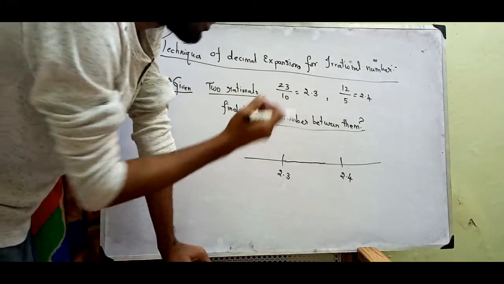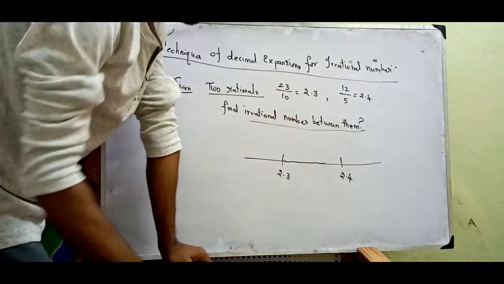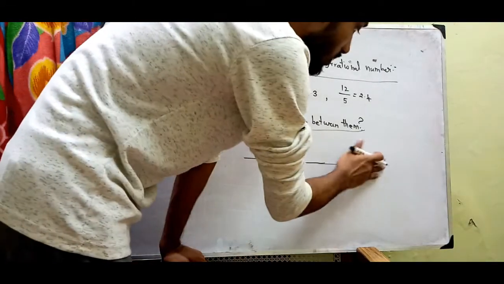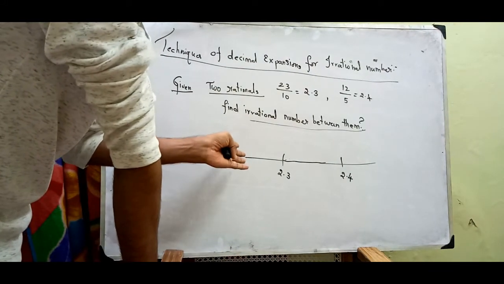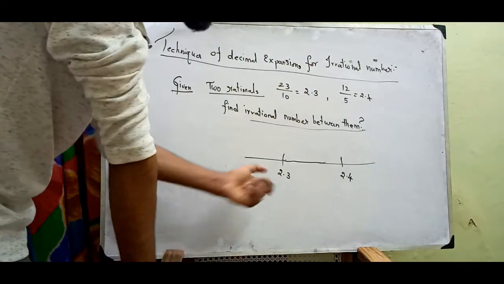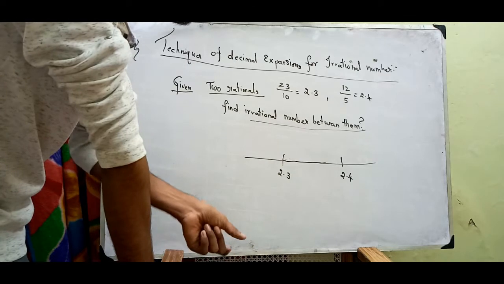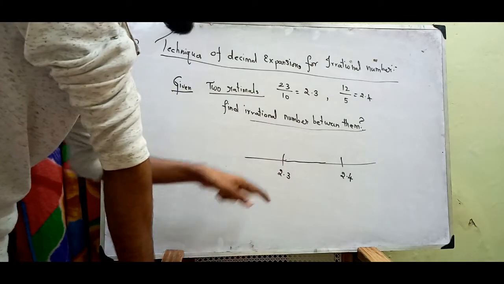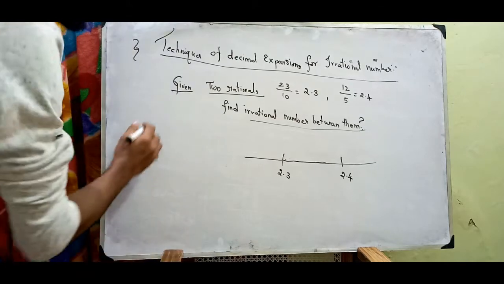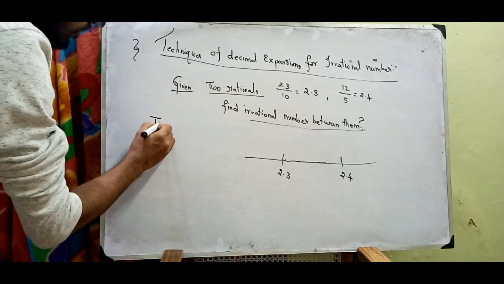It is a lot easier than before. Why? Because for rational numbers we added A and B and then divided by 2. But here what we have to do is, there is a table, note it down.